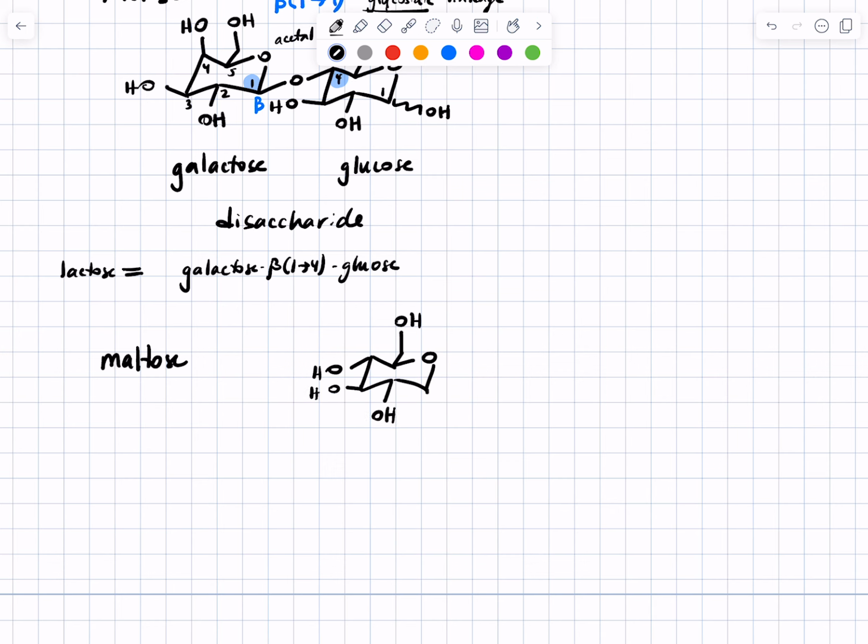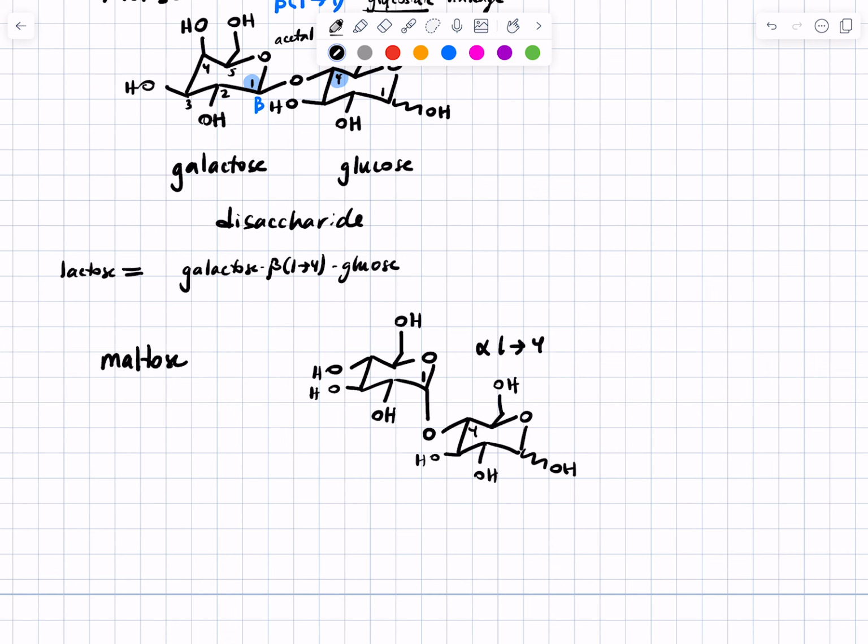Only in maltose, the configuration of the anomeric carbon is alpha, and then the oxygen that is attached to that anomeric carbon is, again, attached to C4 of another glucose unit. So we would call this an alpha 1,4 linkage of 2 glucose subunits.